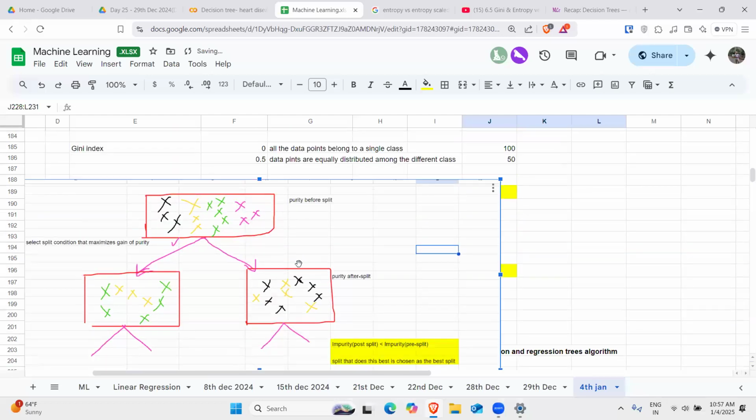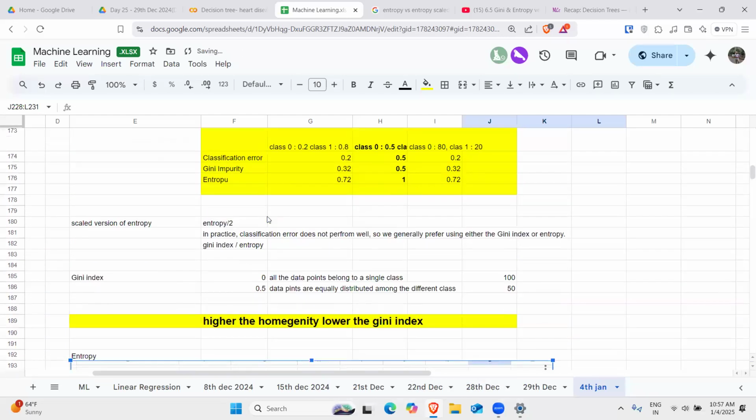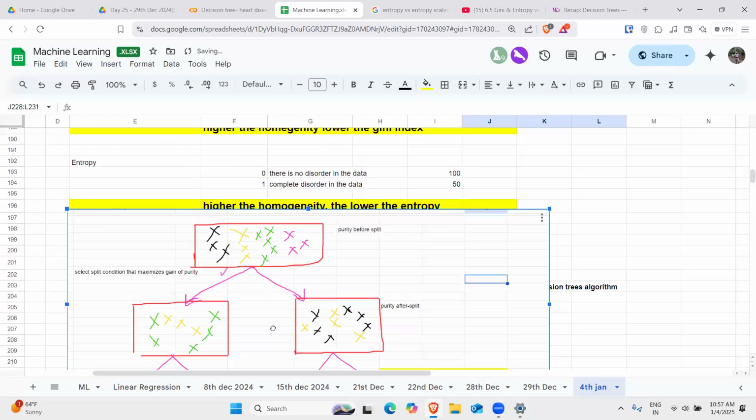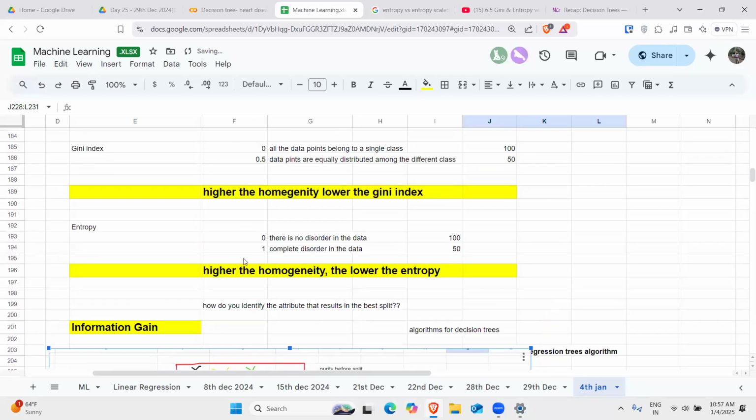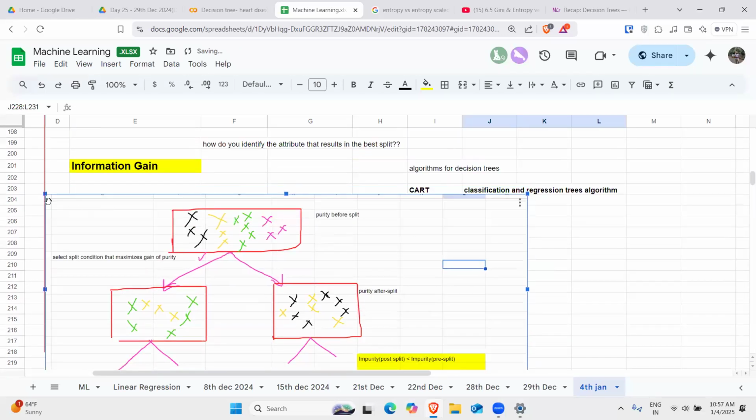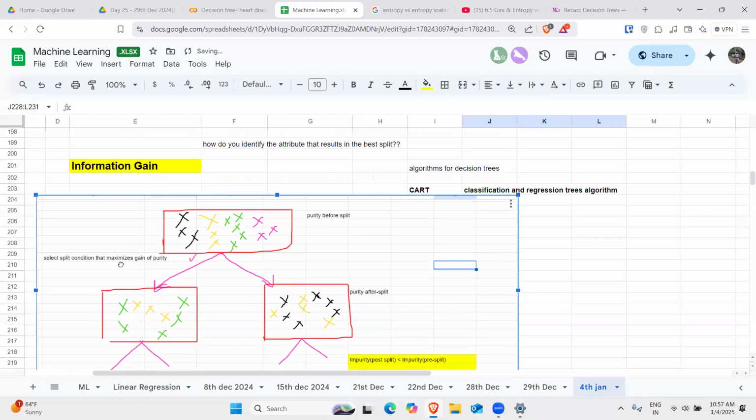Okay, so that is what information gain is. That is why we are interested to study the information gain, right?